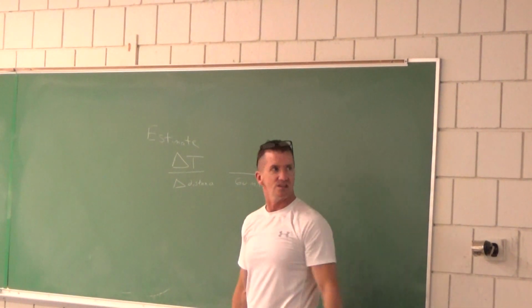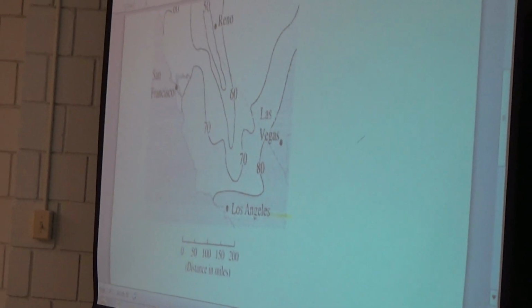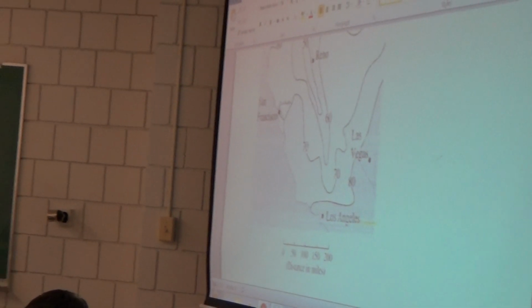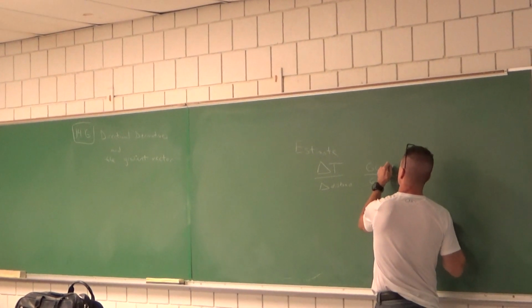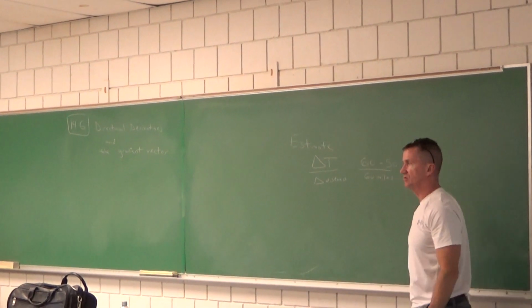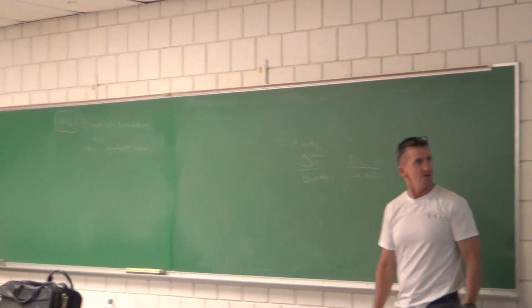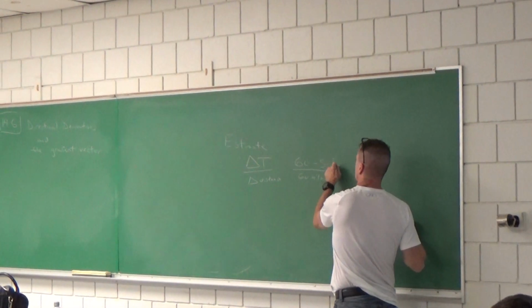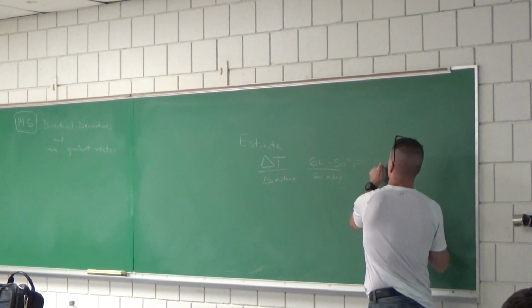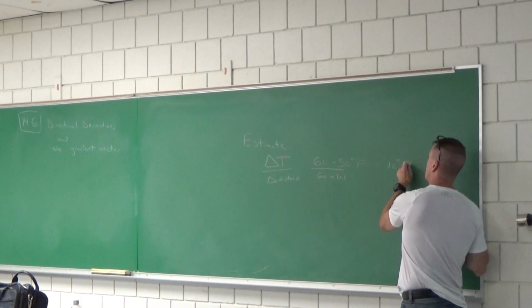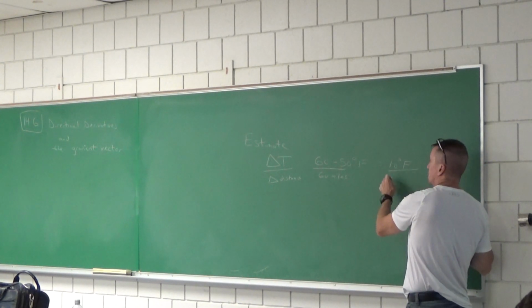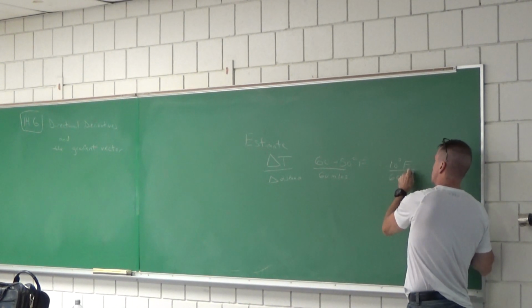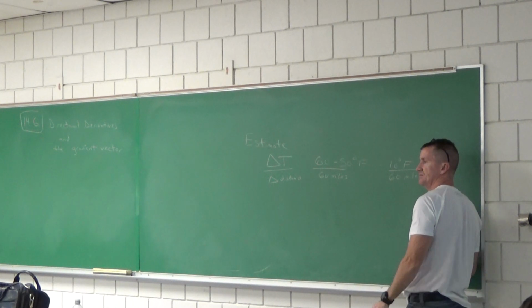And what was the change in the temperature? It was 60 minus 50. The key is, did the temperature increase or decrease as you go in that direction? It increased. So what's 60 minus 50 degrees Fahrenheit? Here's our estimation of the directional derivative: 10 degrees Fahrenheit per 60 miles.